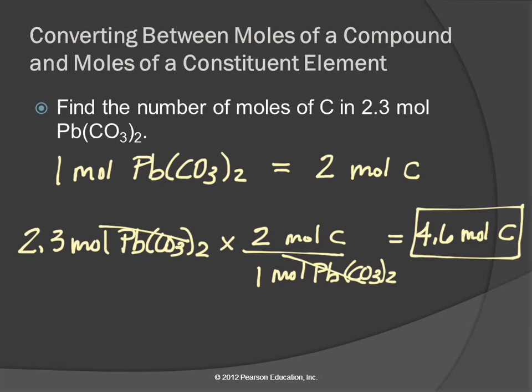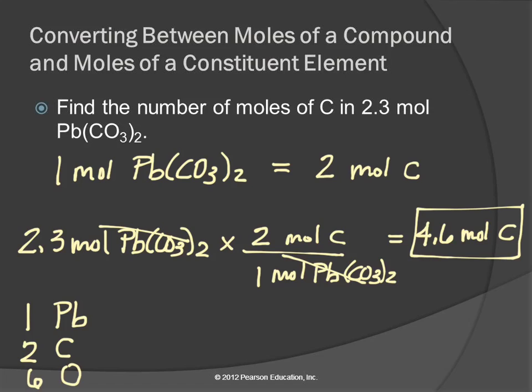Yes? You got that number from the number of carbons that's in lead carbonate? Yeah, from looking at the formula. And this is something we went over briefly earlier, looking at this formula. That formula has 1 lead and 2 carbons and 6 oxygens.